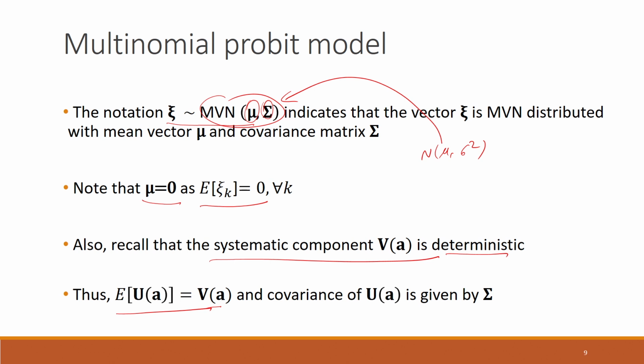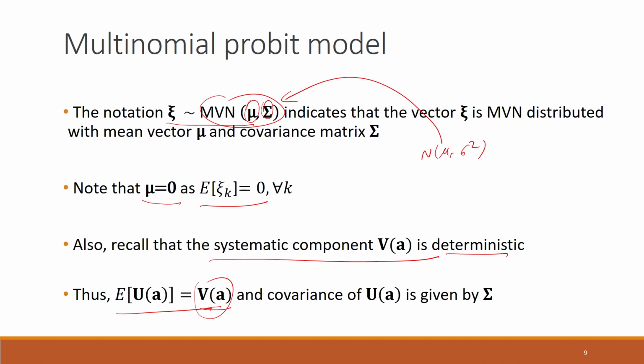This is what we had seen when we were discussing the theory of discrete choice models. If you take the expected value of the utility, since the expected value of the error term is 0, it is equal to the expected value of the systematic or the deterministic component, and since this is a deterministic component, the expected value of this component is the same as this VA here.